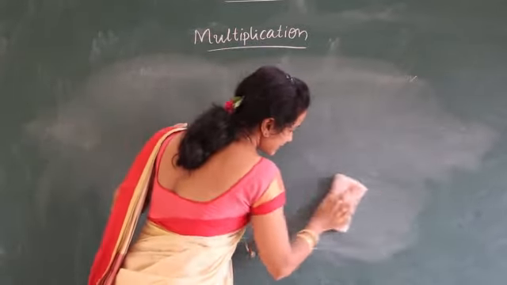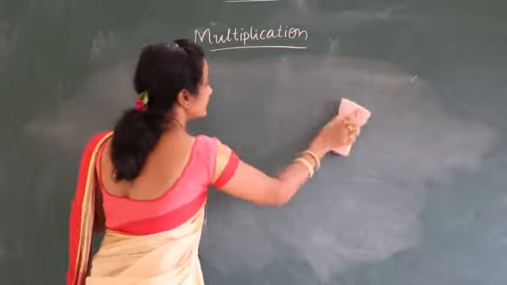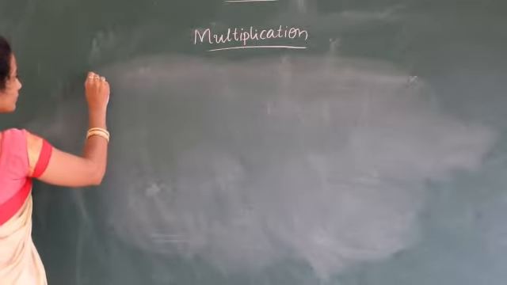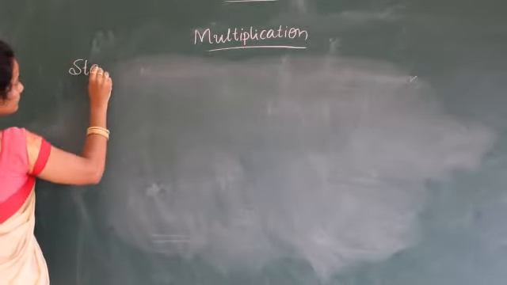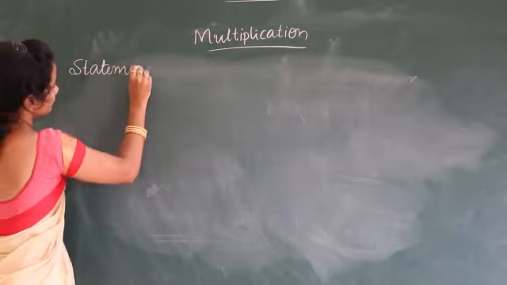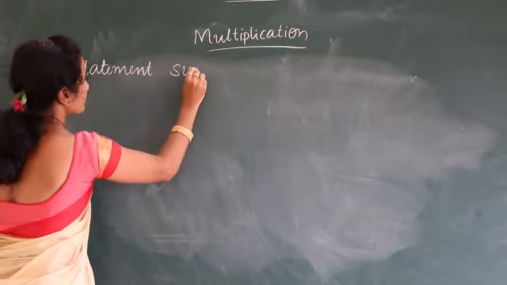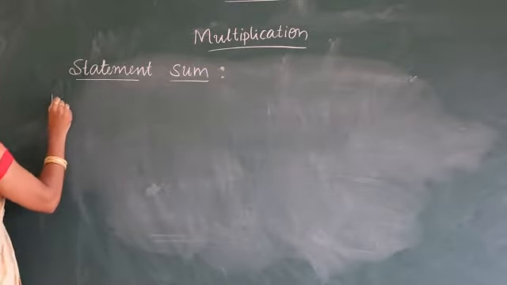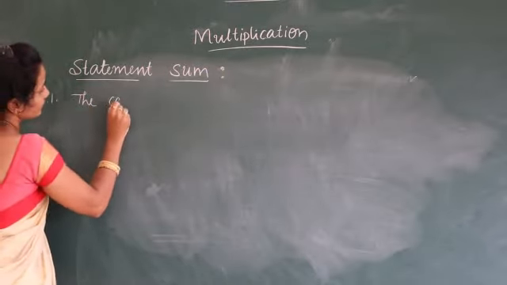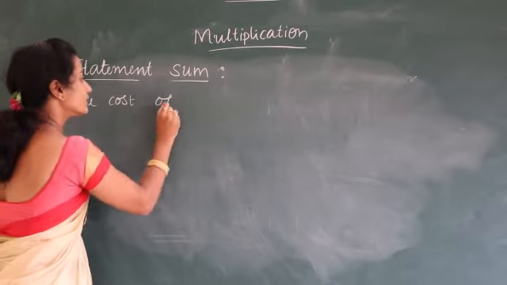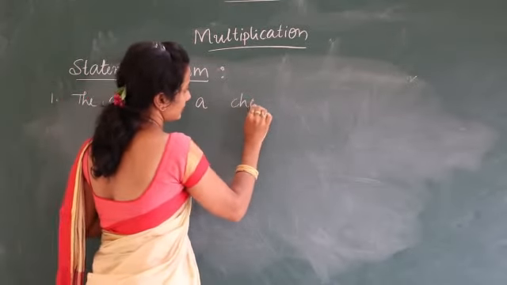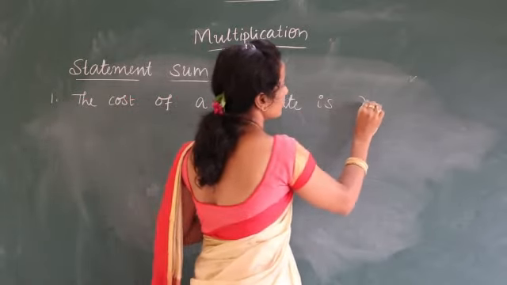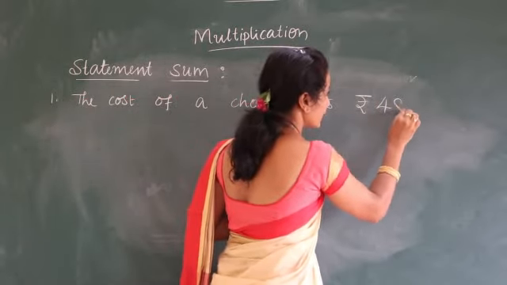Now let us solve some statement sums related to multiplication. One example. The cost of a chocolate is rupees 48.